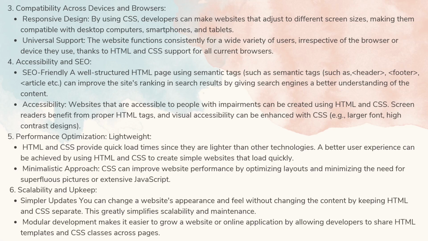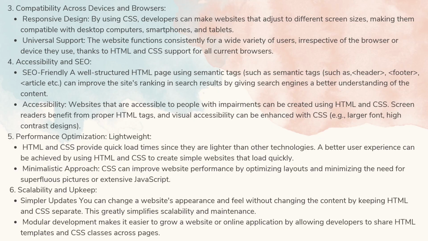Number 4, accessibility and SEO. SEO friendly: a well-structured HTML page using semantic tags, such as header, footer, article, etc., can improve the site's ranking in search results by giving search engines a better understanding of the content.